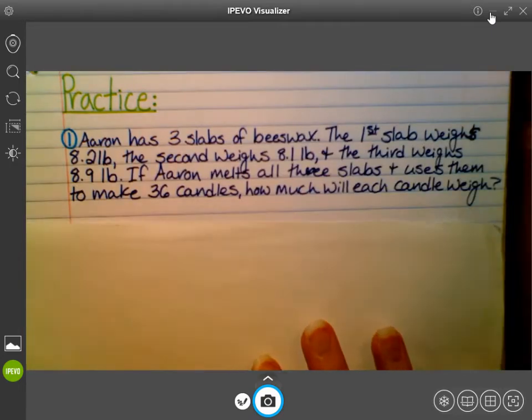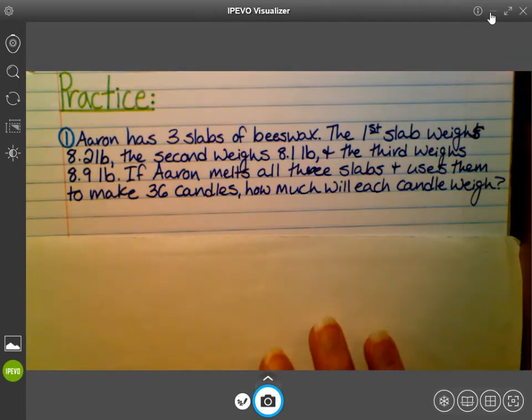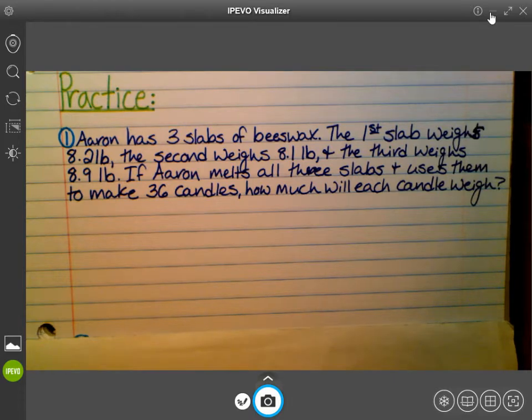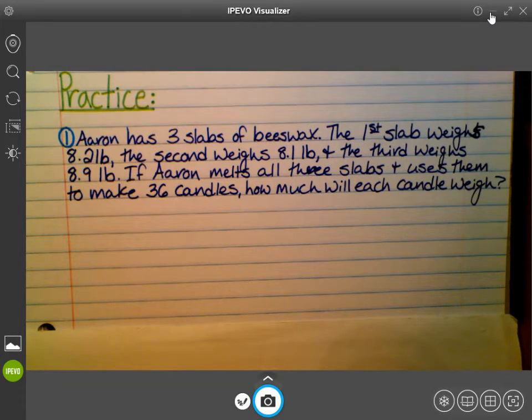is here, and I'm going to read it out loud. It's a word problem. It takes longer to write down than a regular problem. Number 1. Aaron has 3 slabs of beeswax. Wax that you can collect from bees. The first slab weighs 8 2/10 pounds.